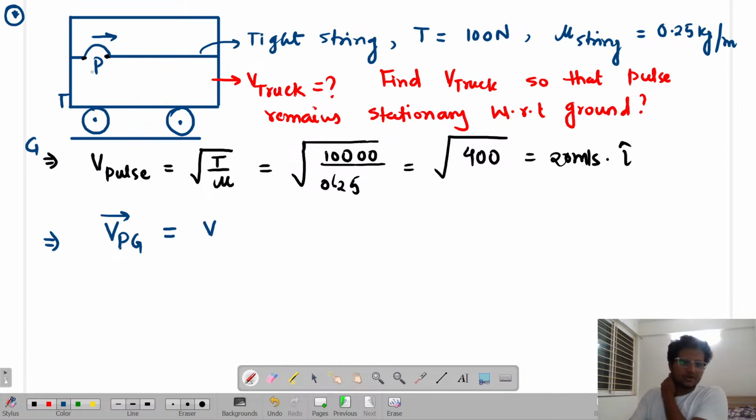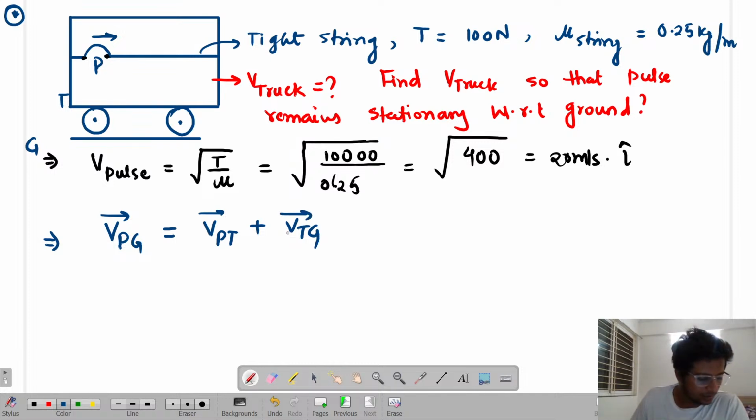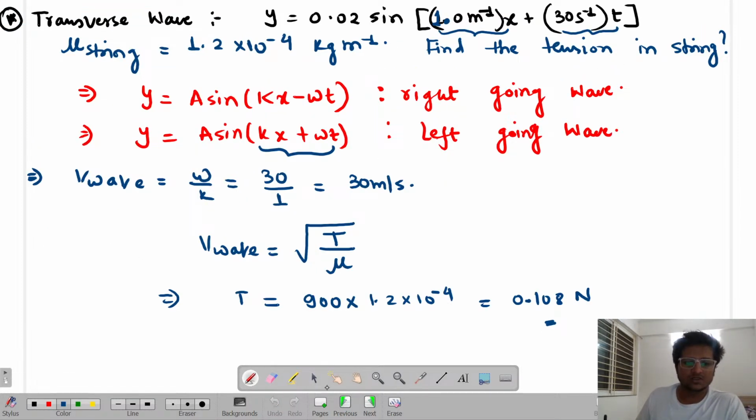So first, if I want to write velocity of pulse with respect to ground, then I have to take velocity of pulse with respect to truck first of all, and then velocity of truck with respect to ground. Are you able to get me or not? Why do we add it? I think I have derived that relative velocity relation for you. No, no, I think that's totally different thing which I'm talking about.